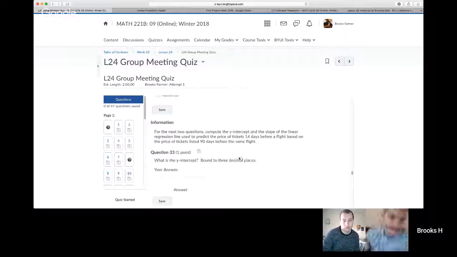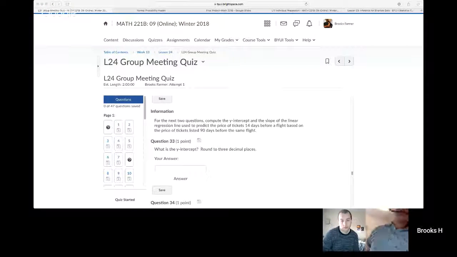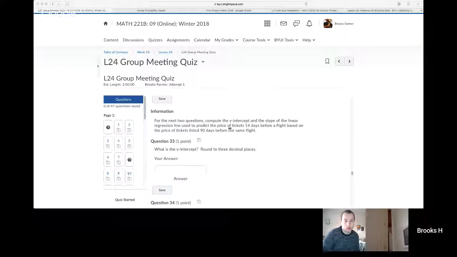Compute the y-intercept and slope. Y-intercept. Remind me, which one are we using? I would say if you go down below model summary to the unstandardized coefficients, the y-intercept, which is next to model zero, should have like negative 8 point something. Is that what you have underneath yours? You're cutting out on me.